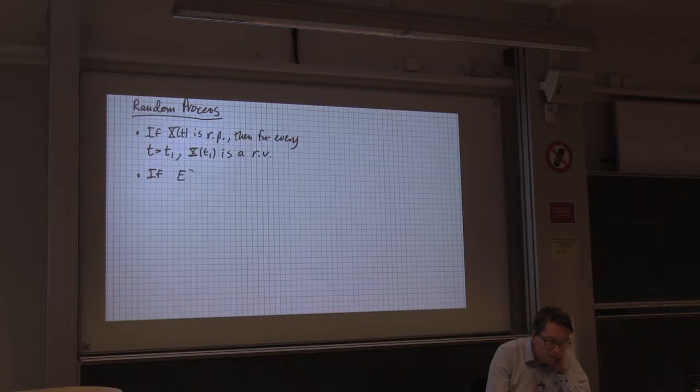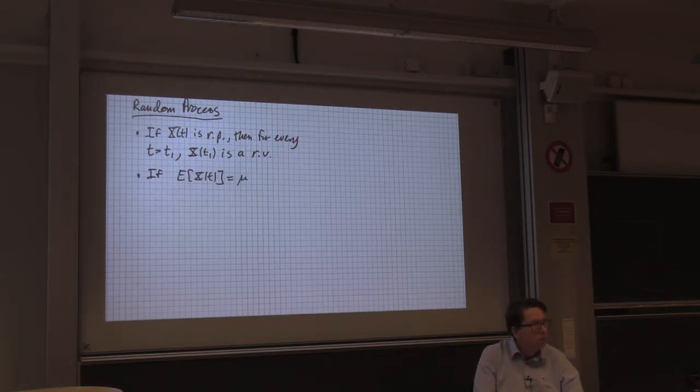The expected value of X of t, which is mu, some average, in general depends on at what time instant we look. So it's a function of t, typically. In general, that is the case. So the expected value of X of t, where we don't specify t, depends on t.